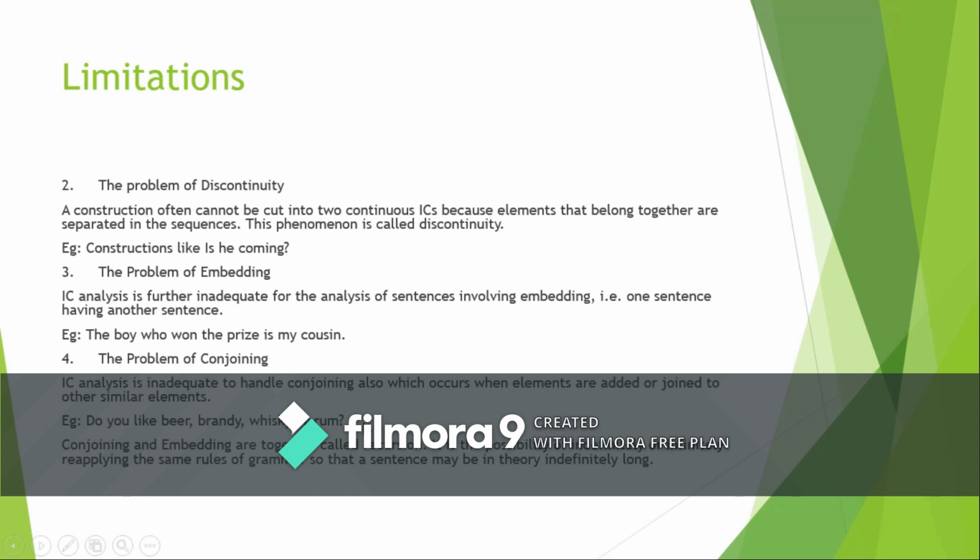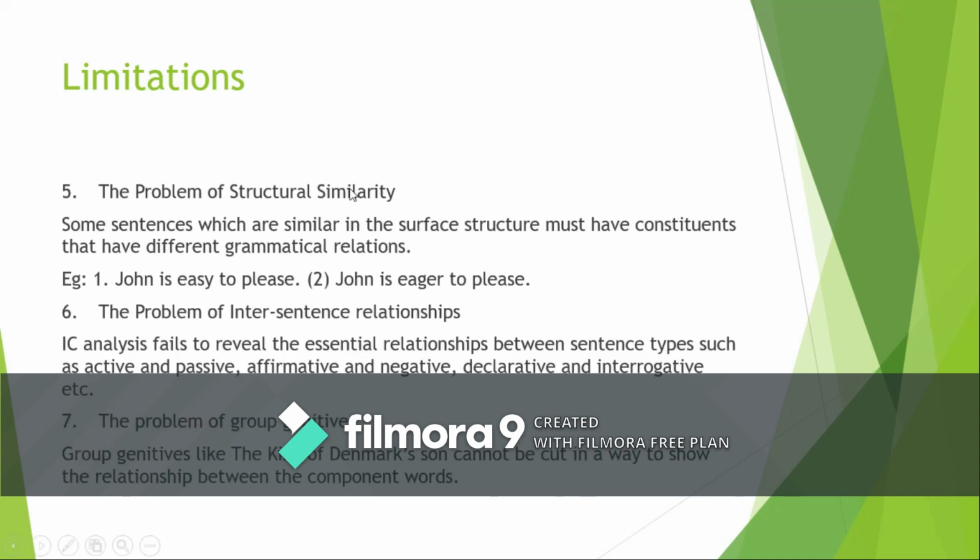Let's move on to the next limitations. The fifth limitation is the problem of structural similarity. Some sentences are very similar in surface structure, but the meaning is entirely different. For example, these two sentences: John is easy to please, John is eager to please. There is only one word which is different, easy and eager, but the meanings are completely different.